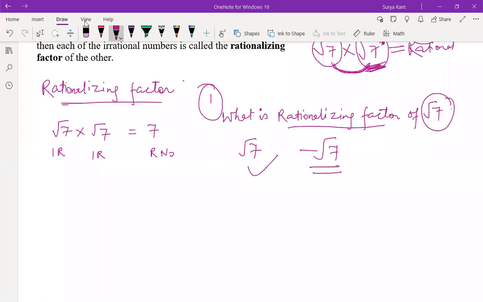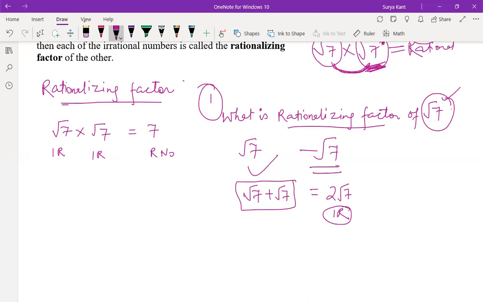Just you multiply roots. 7 plus root 7, sorry. Yes, sir. 7 plus root 7. If you add this, what do we get? We get 2 root 7. This is also irrational.